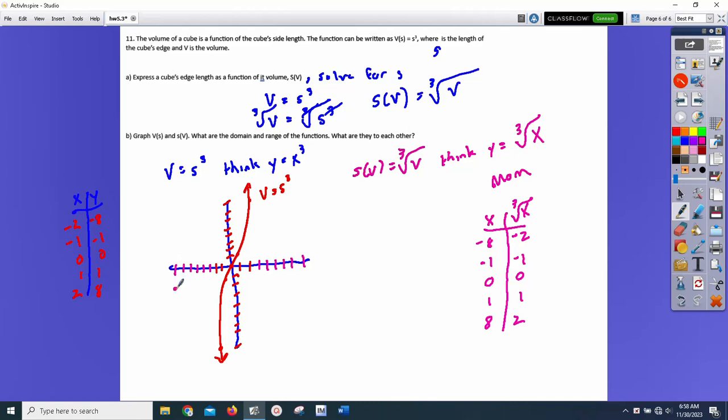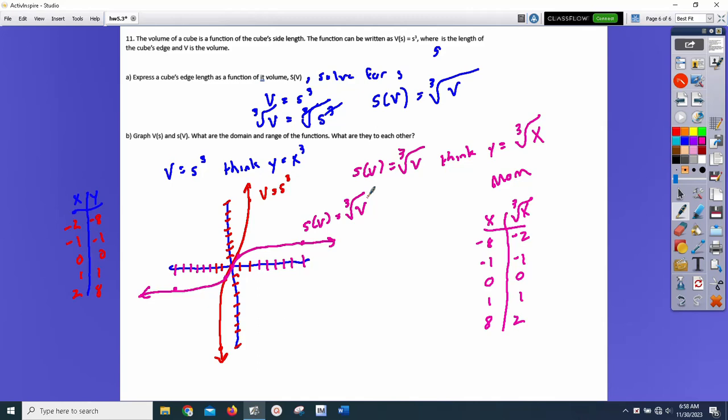And there in my hot pink is s of v equals the cubic root of v.